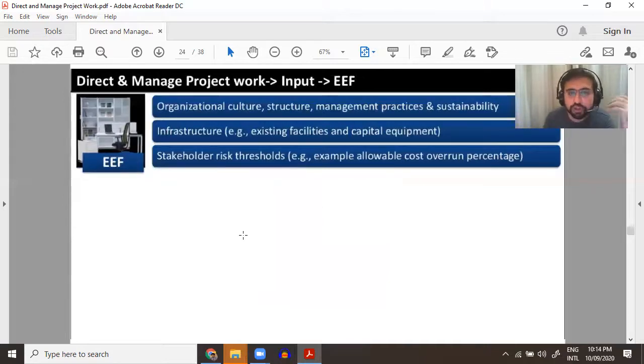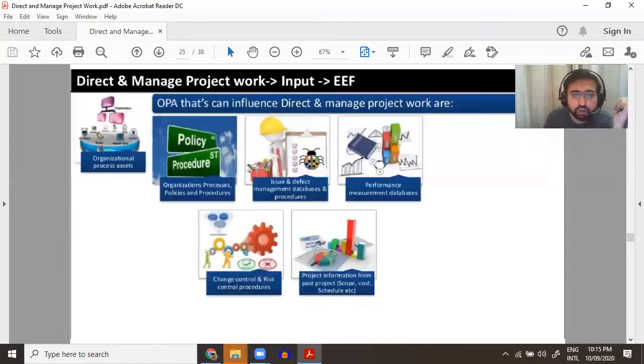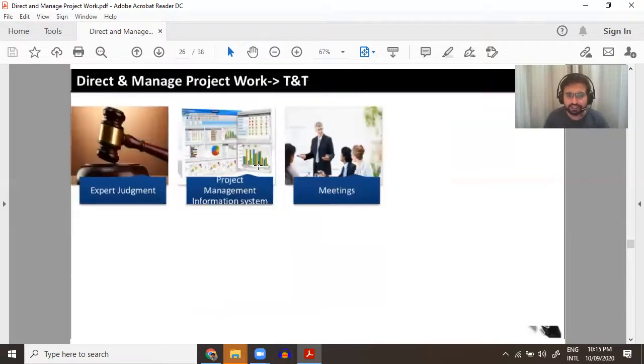You check your EEF, enterprise environmental factors: what are the organization culture, structure, practices, best practices, infrastructure, what is the risk tolerance of the stakeholders, how tolerant are your stakeholders, can they bear it or not. What are the organizational assets, organization policies, issue defects, how you measure performance, how you tackle risk, how you measure the success criteria.